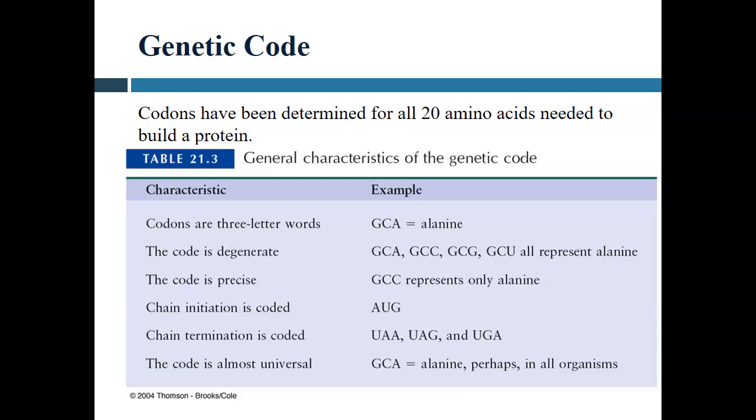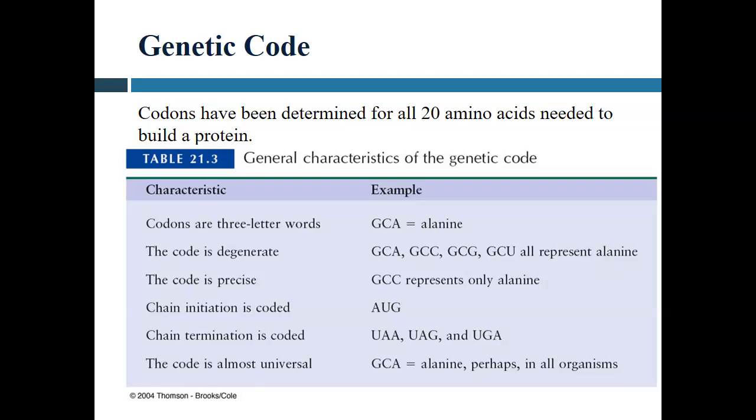The other really interesting tidbit is that this genetic code translates to most organisms, if not all organisms. The only reason we can't say all organisms is because we haven't cracked the genetic code of every single organism, plant, and animal that exists.